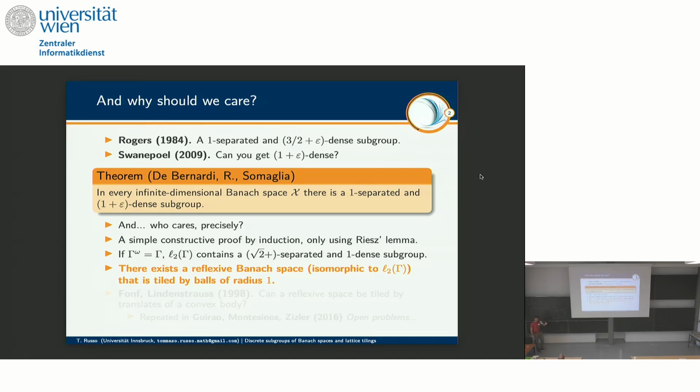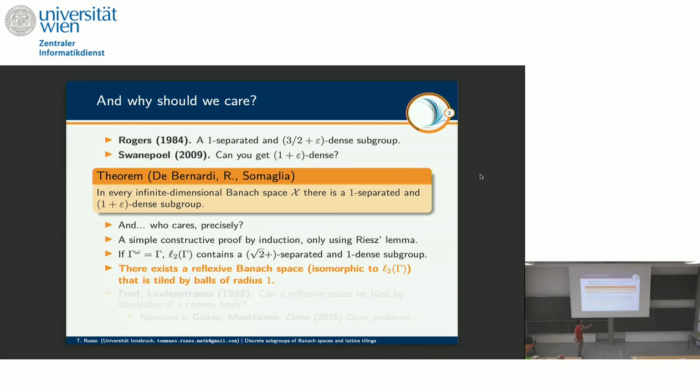So if I change norm and I use this guy as a unit ball, I tile the Hilbert space by translates of this guy. So what I obtain is there is a reflexive Banach space that can be tiled by translating a single set. You take a set and you move it around until you tile everything. Now this looks familiar because if you look on the ground, you are tiling the plane by squares, right?